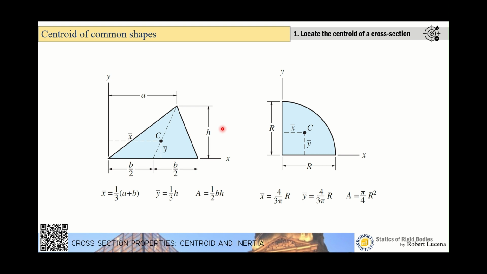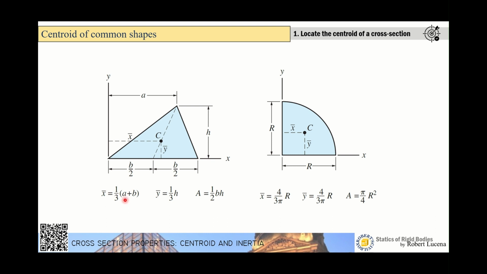More commonly, the composite shapes we use in engineering, particularly in civil engineering, are just very simple cross sections. Very rarely are triangular cross sections used. Most of them are rectangular cross sections. However, I have specified here the location of centroid and the area of the common shapes that might constitute a composite shape.